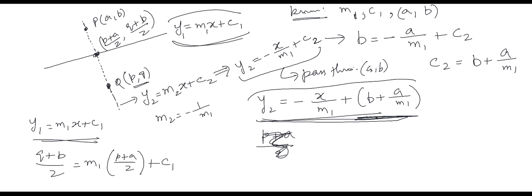Yes. This is one equation that we got. And when you use the other equation, it will look like Q plus B over 2 must be equal to minus of P plus A.